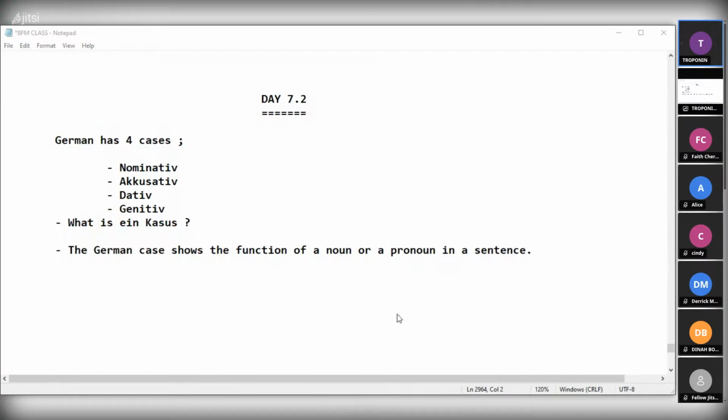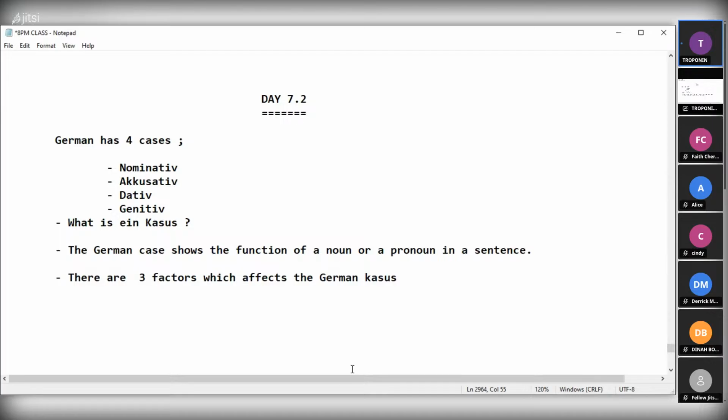Okay, so let's continue. There are 3 factors which affect the German casus.